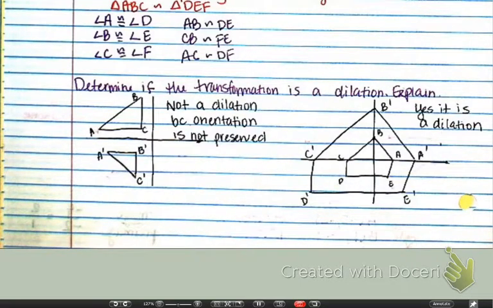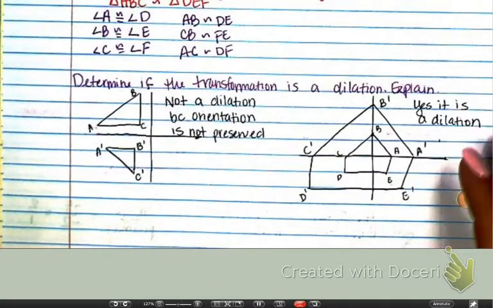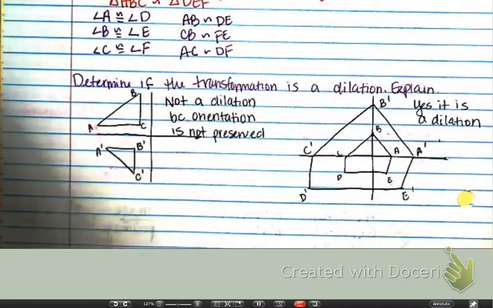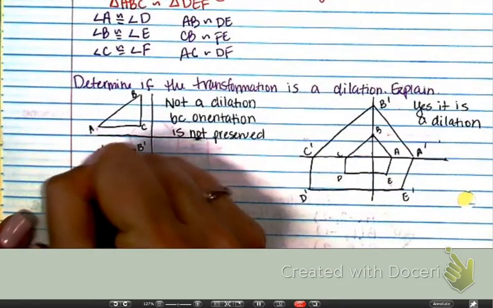All right, last thing I want to look at is how to find scale factor. It is the last problem, so if you're running out of room, just try to squeeze it somewhere. It's not going to take up a ton of space. So find the scale factor.